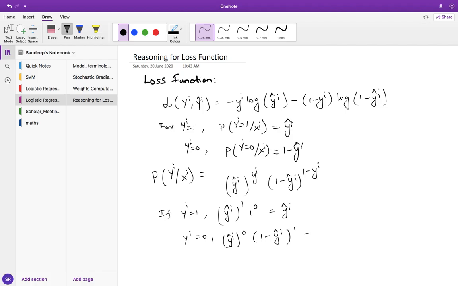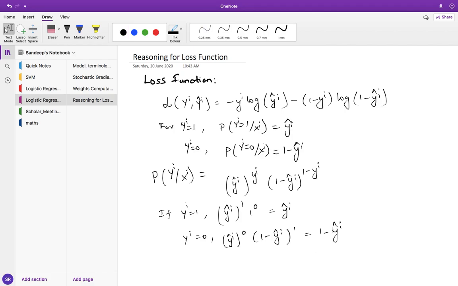So you will be getting 1 minus yi cap. So writing in these two steps or writing in this one single step is nearly the same. That is how we brought it into a single expression.